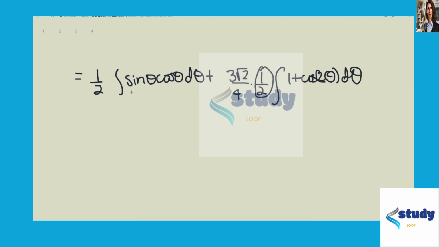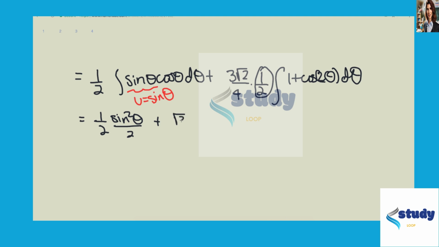Now for the first integral over here, just use the u sub. So we have, let's go to a different color, 1/2 sine squared theta over 2 after you do the u substitution.